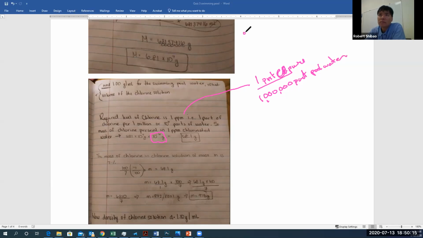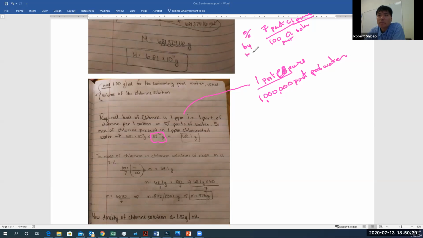A percent is a part per 100. So if we had 7 parts of pure chlorine per 100 parts of chlorine solution, SOL, again an abbreviation. We have different percentages and different ppm.